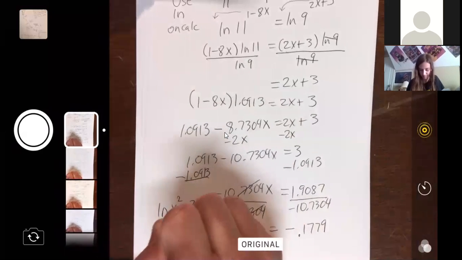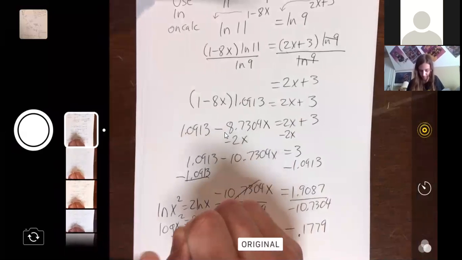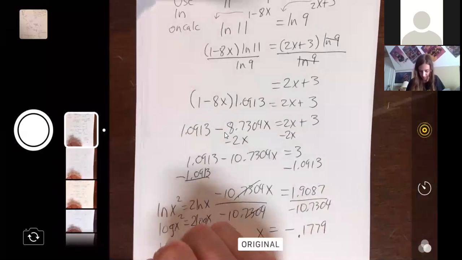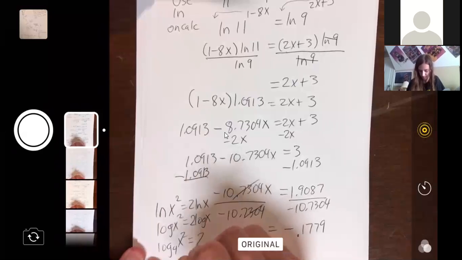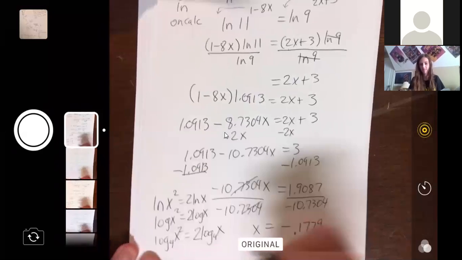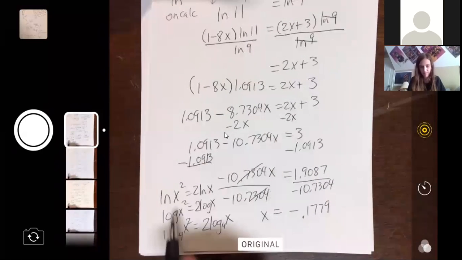You can have log x squared, that is 2 log x, and you could have log base a. I could have log base 4 of x squared is twice log base 4 of x. It does not matter what the log is. Any power on its argument like that goes out front.